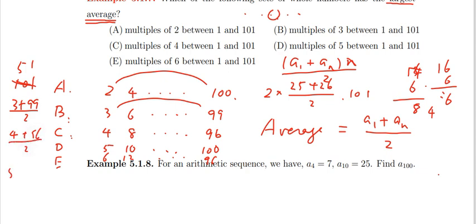For D, 5 plus 100 over 2. And the last one is 6 plus 96. So this is 102 and this is 105. Okay, so we can find that D is the largest, 105, right?